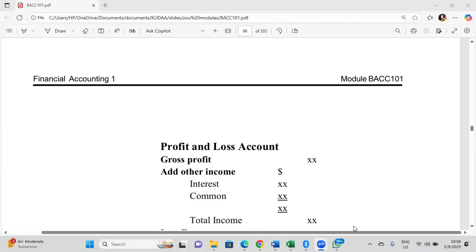Fin 1B, let's just go through first. Let's go back to the list of topics that we're supposed to cover. For fin 1B, let's go through the list of topics.